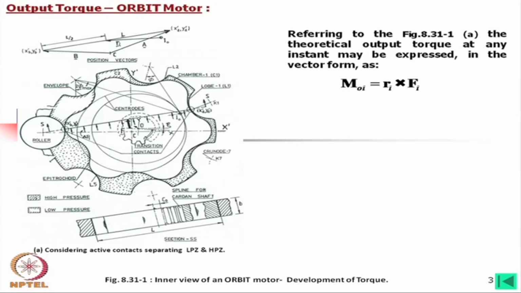Now, if we look into the figure, this is an inner view of orbit motor, where we have drawn a line through the contacts which are separating high pressure zone from low pressure zone, or in other words, the expansion mode from the compression modes.